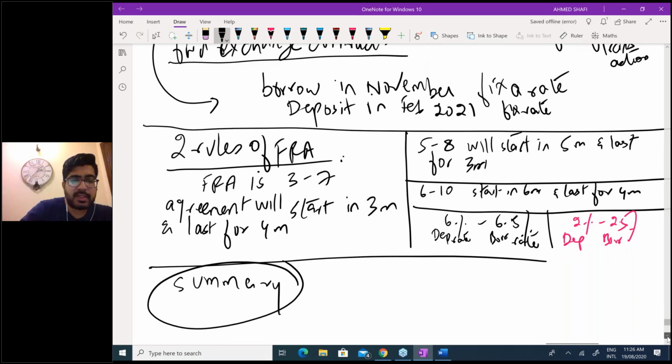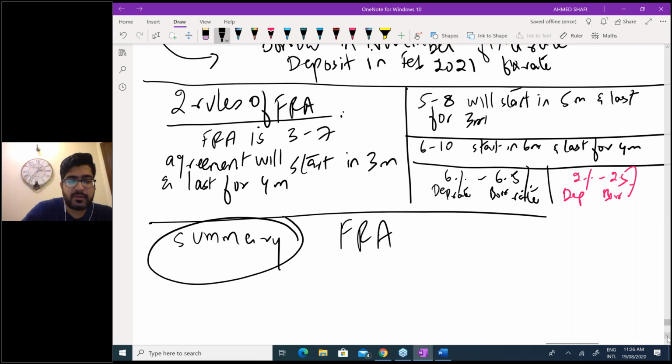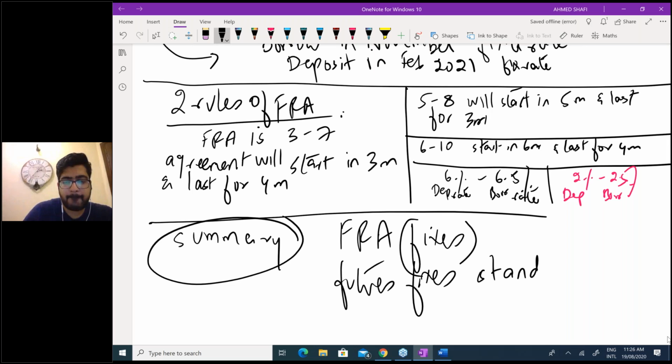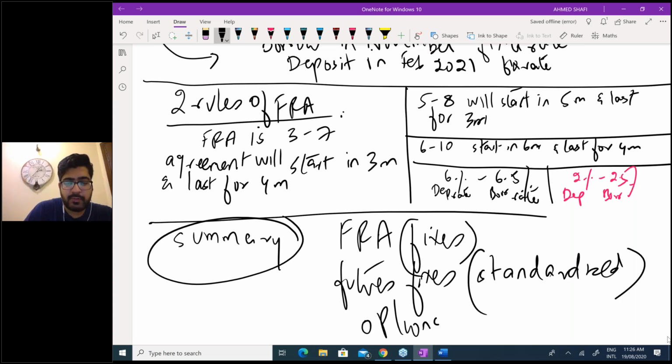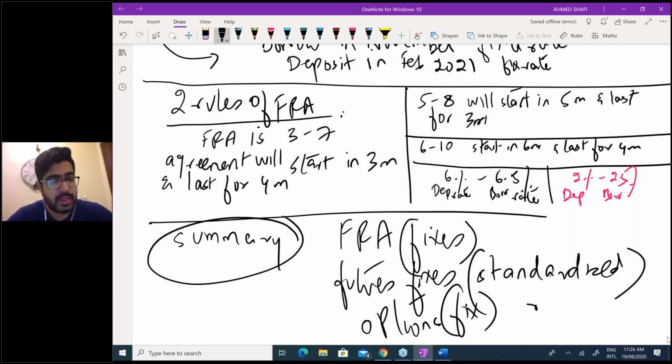The first risk management technique was FRA, which fixes a rate. Futures, this also fixes a rate, but they are standardized. And options, in which we fix a rate, but there is a right, not an obligation, we can back off. How do you perform FRA, futures, and options? I have told you the format.